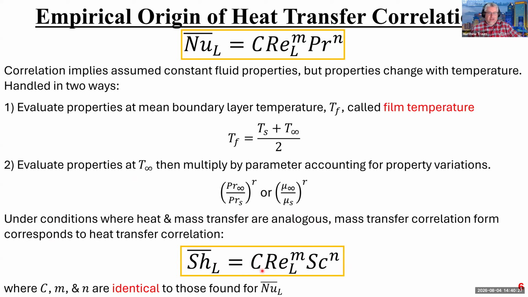The only thing that changes is instead of the Prandtl number, we've got the Schmidt number, but these exponents M and N are the same for both of these correlations, and the constant C is the same for both of these correlations. So once you've solved the heat transfer problem, you already have a correlation with all the exponents and the constants for the mass transfer problem.